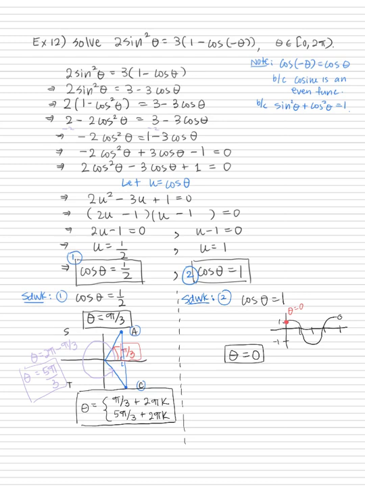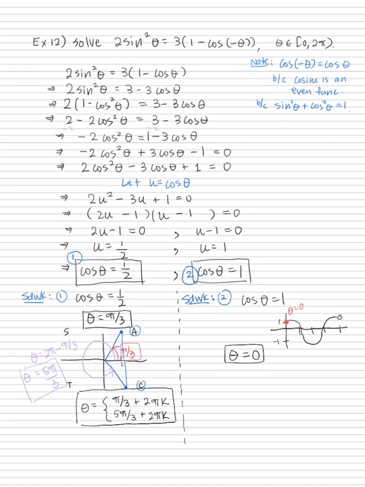Now let's analyze circle 1. Notice that if k is 1, it's going to go outside of 2 pi. So it only works when k equals 0. Also, you can check when k equals negative 1, your angles are going to be negative in both cases.